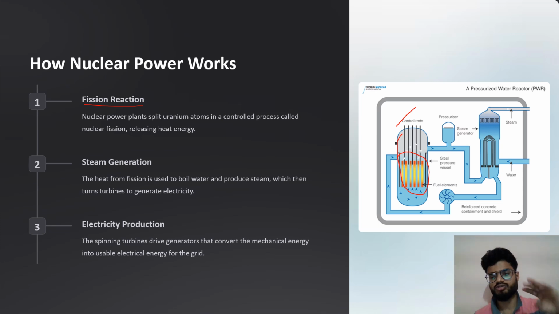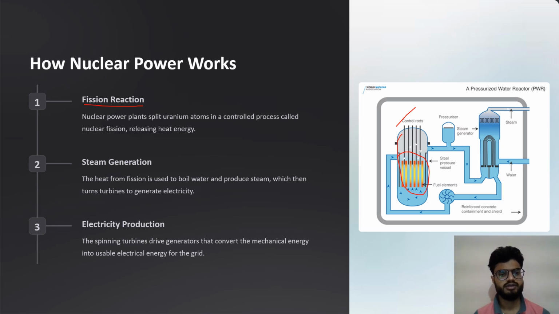Those additional three neutrons will go and hit other uranium atoms, so it will multiply by three and grow like this. It can be controlled by using control rods. These control rods are put inside, and they absorb the extra neutrons and stop the reaction.